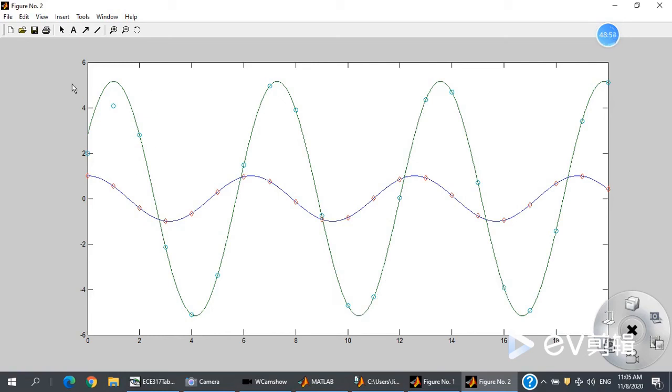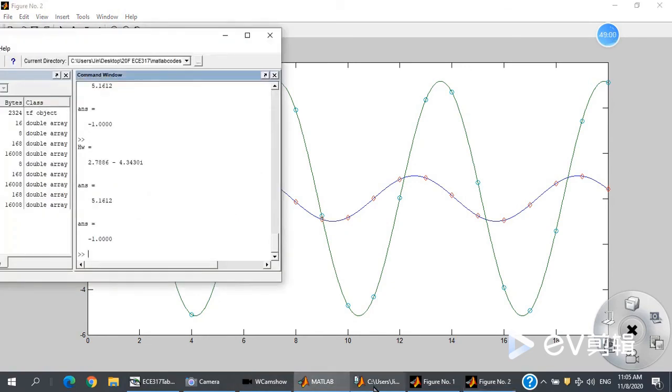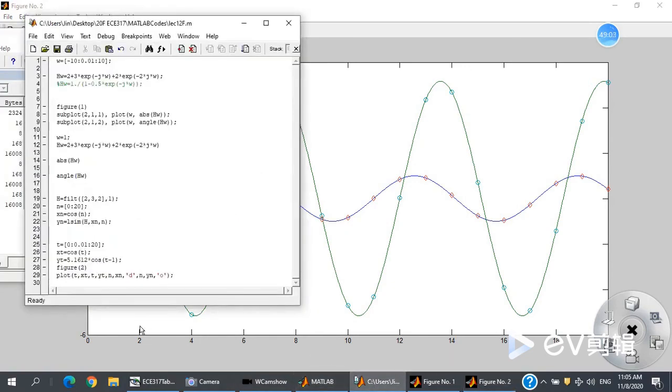Here in the beginning, we have several points. They are not on the curve. That is because when we run it in MATLAB, it starts running from time equal to 0. When we do the filter theoretically, mathematically, we consider the signal to start from negative infinity to positive infinity. But in MATLAB, we can only start from time equal to 0, and it will end at 20.